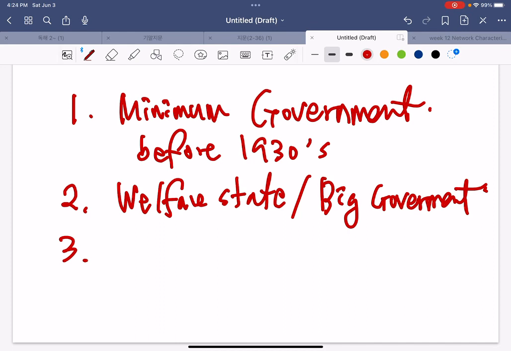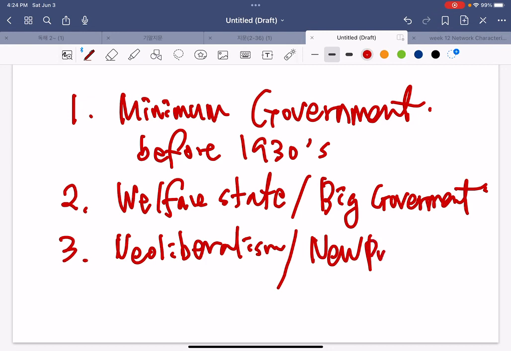Yeah, that is new liberalism or new public management. In this new approach, market principles were adopted, and the outcome and performance of public services were emphasized.